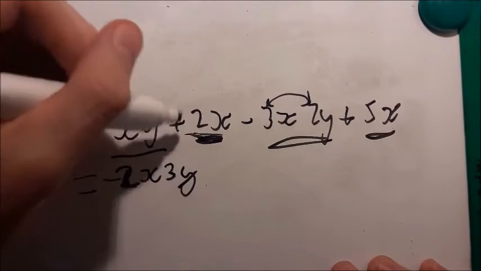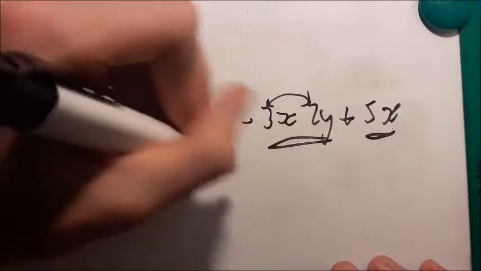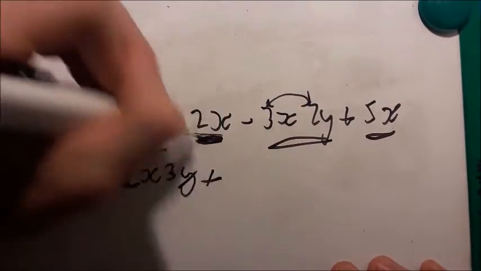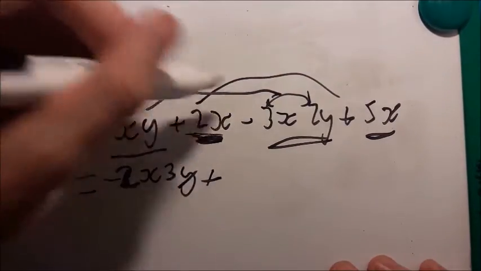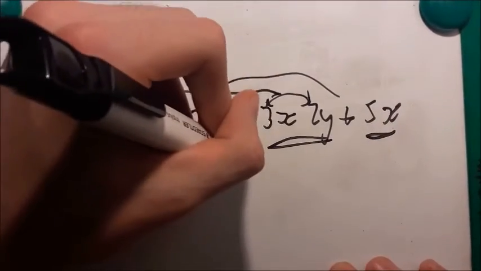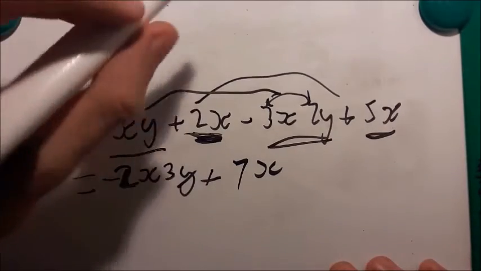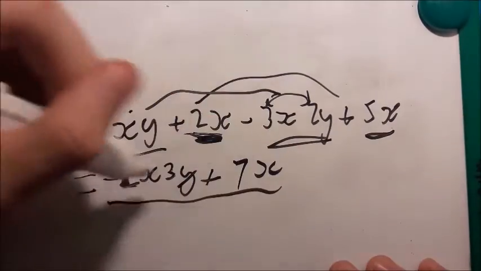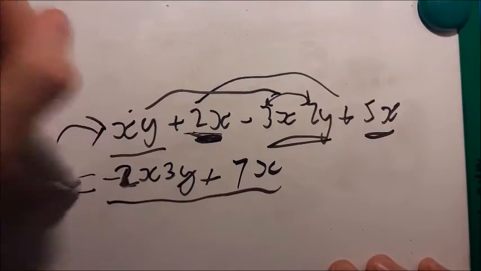And then we get plus 2 plus 5, so we definitely know this is going to be a positive when we add these two. So positive 2 plus positive 5 is equal to positive 7x. So as you can see, this is also quite a bit simpler than what is written over here.